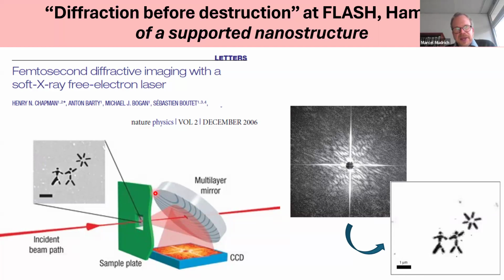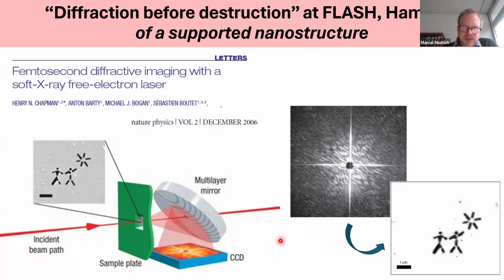So actually, they had a whole array of these samples, and for every laser shot, they had to move in a fresh sample and then record another scattering image. So that's, of course, the drawback of femtosecond X-ray diffraction imaging. The pulses are so intense that every shot destroys the sample.